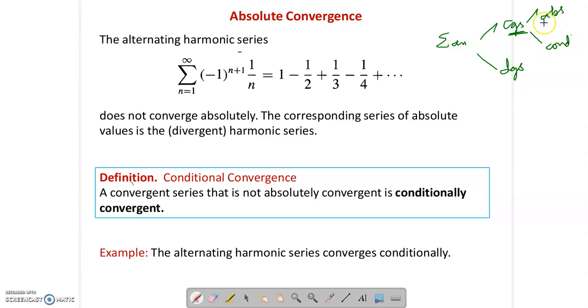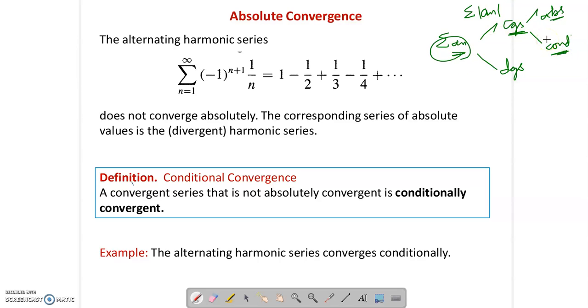We say it converges absolutely if, when you consider the series of absolute values, that also converges. If the series is converging, but the corresponding series of absolute values is diverging, we say that this series converges conditionally.